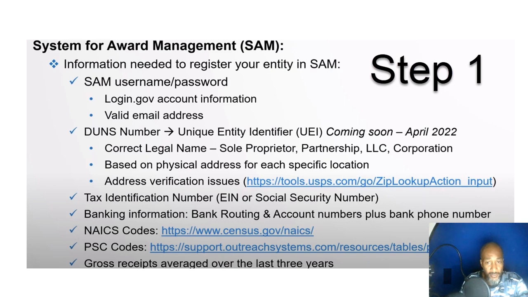Now, a DUNS number is not needed after April 2022, but I always recommend you get a DUNS number, because you might want to apply for credit for your business later on. Business credit is very powerful in today's world, especially if you're bidding on government construction contracts. So I always recommend that you still get a DUNS number for your business.